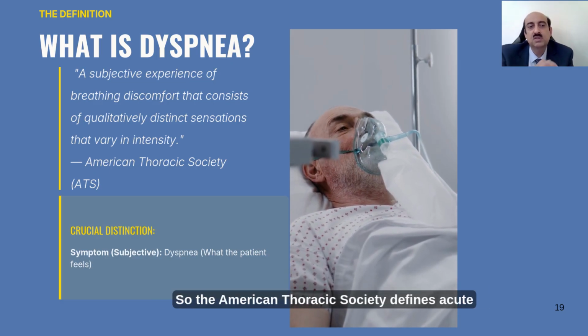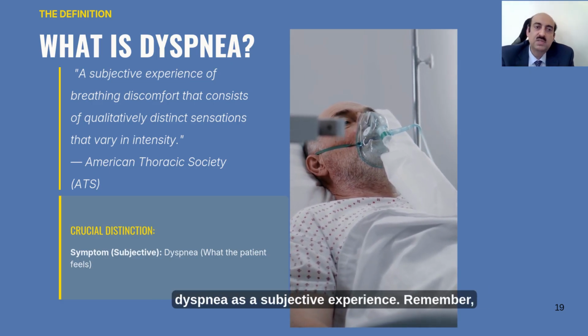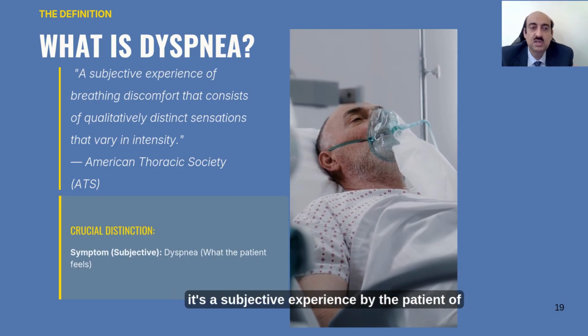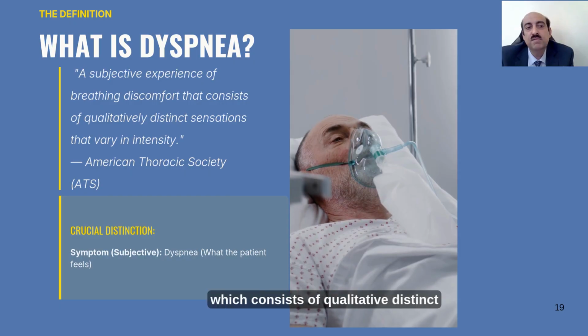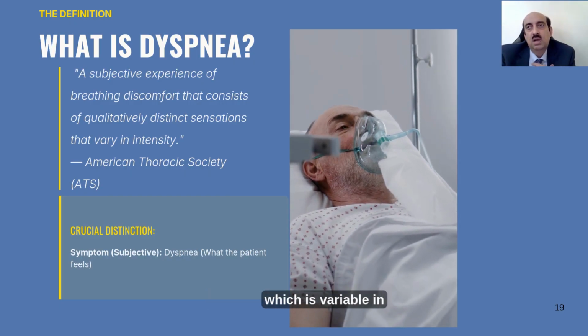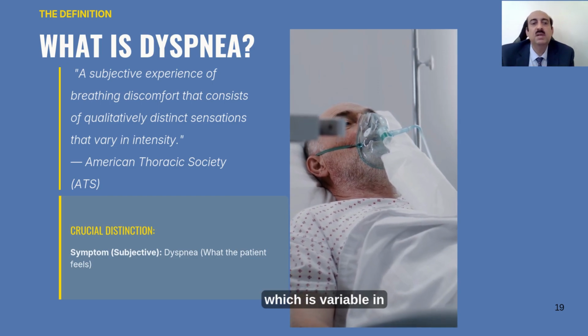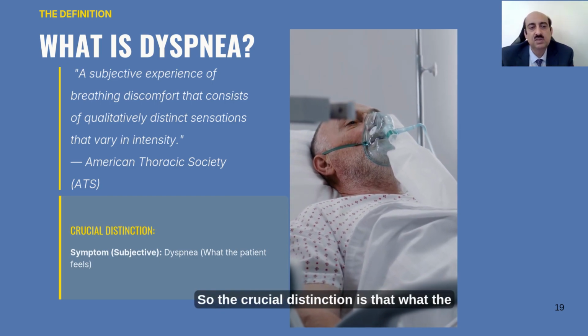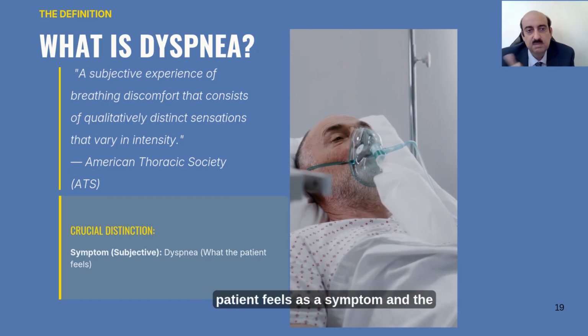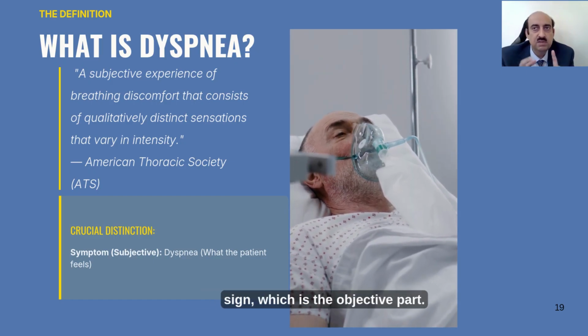The American Thoracic Society defines dyspnea as a subjective experience, remember, a subjective experience by the patient of breathing discomfort, which consists of qualitatively distinct sensations that vary in intensity between different patients. The crucial distinction is between what the patient feels, which is the symptom, and the sign, which is the objective part.